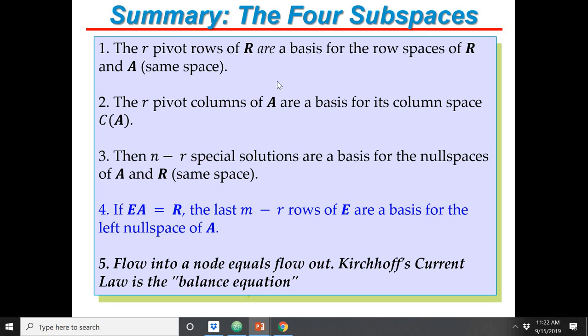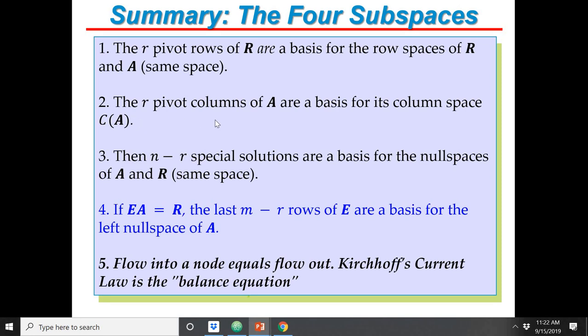So usually we take the pivot rows of R as the basis of the row space of A. When it comes to the column space, we identify the pivot columns in R, but take as a basis of the column space of A the corresponding columns of A, not of R, because they don't have the same column space.